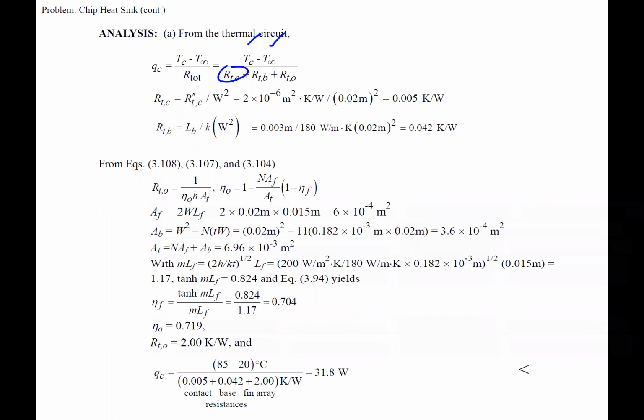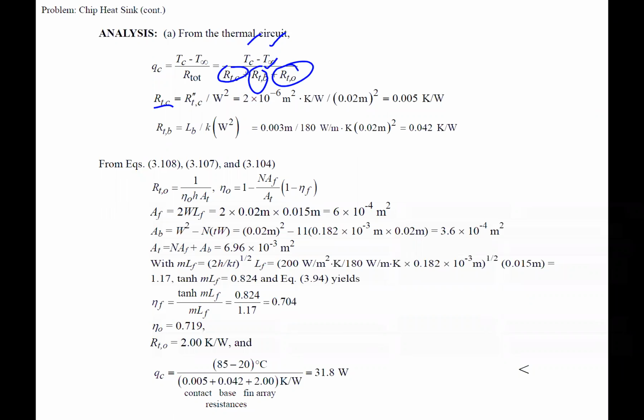That's our contact resistance. They gave us R double prime, so we're just converting it to R. We need the conduction through that little base thickness, so that's L over kA, with our cross-sectional area through the base. And we get our resistances for those two. Then last is the fin array, which is all the rest you see down below.